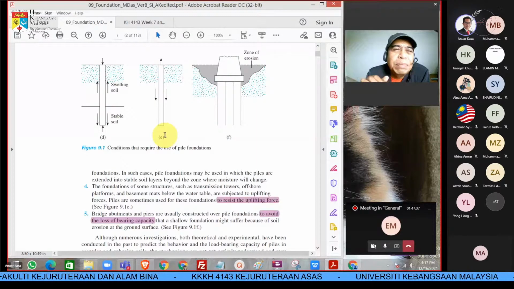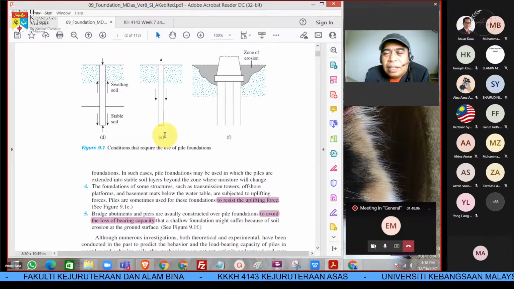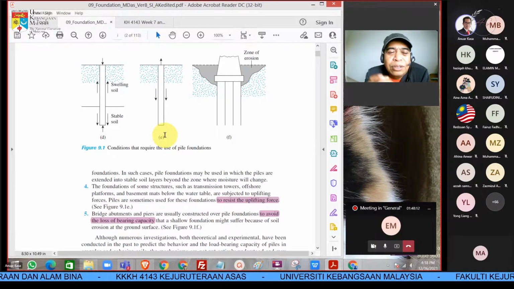For example, an application like where we have an advertisement board, where we know that there are going to be winds, and the winds are going to take the board away, so we need to have a pile foundation so that it can hold the board or the structure from moving away. So there is another function of pile foundation.